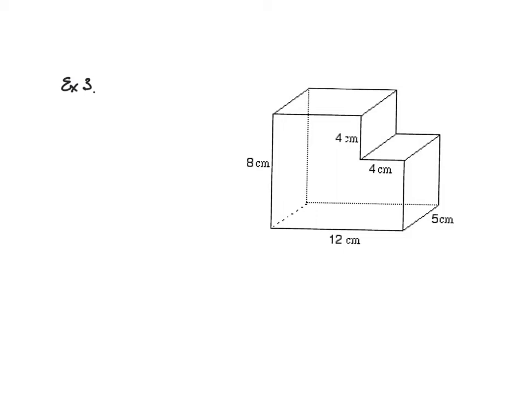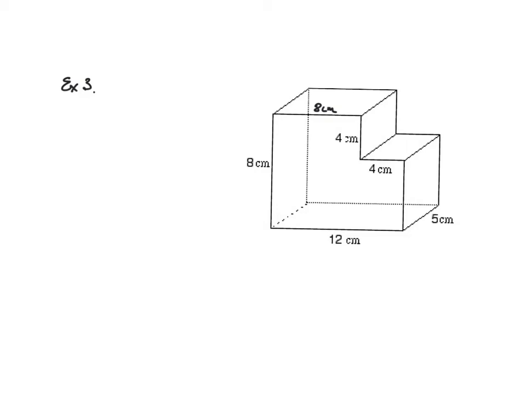So we know that this whole length here is 12, and that this length is 4. So 4 plus this must equal 12. This then is 8 centimetres. I don't think we need anything else, so let's just get started.